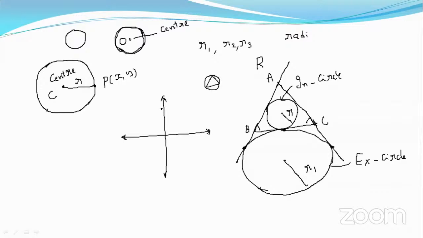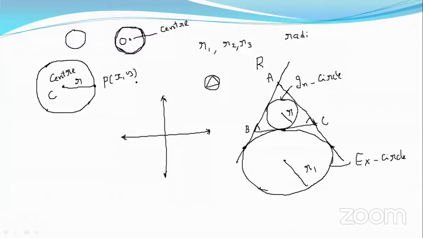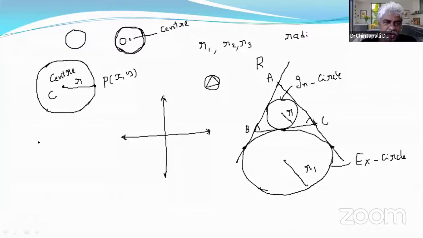Now in coordinate geometry, small r is used to denote a radius, and here R1 means the radius of the X circle opposite to the vertex A. But in the coordinate geometry system, if we use r1 and r2, that indicates two circles.